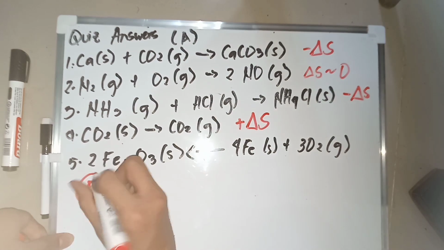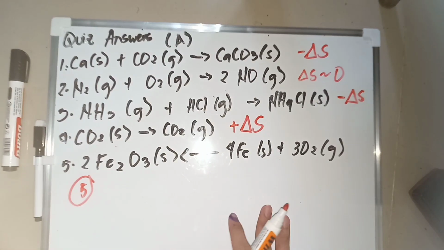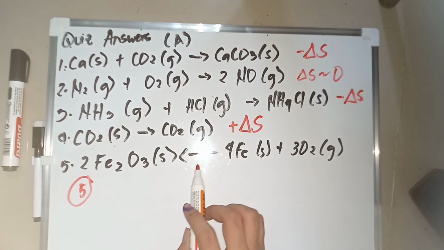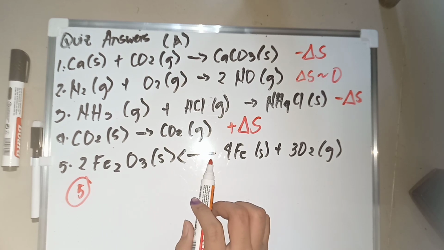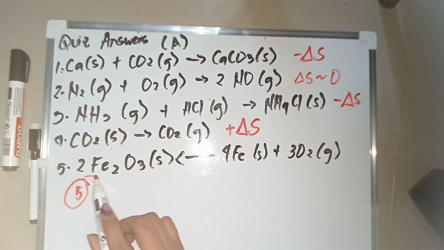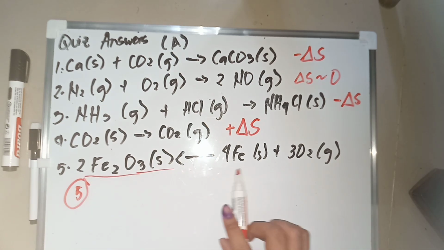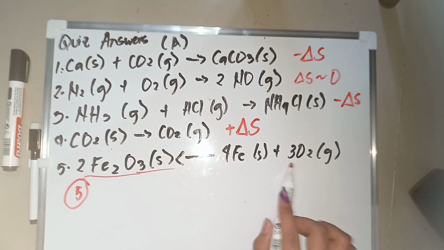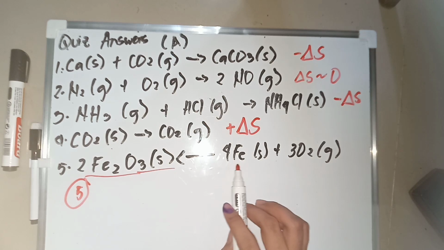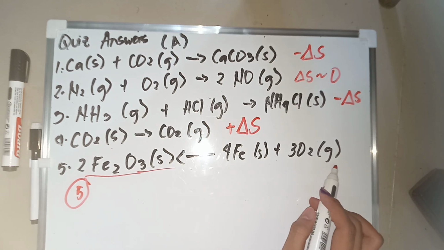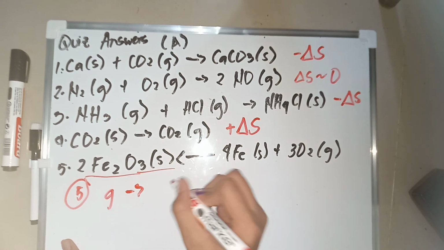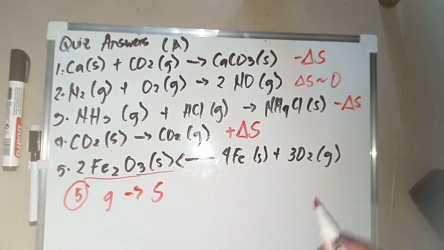Number 5. The arrow is pointing to the product, so our product in number 5 is here, and this is our reactant. In our reactant, we have solid and gas going to solid. So gas to solid.